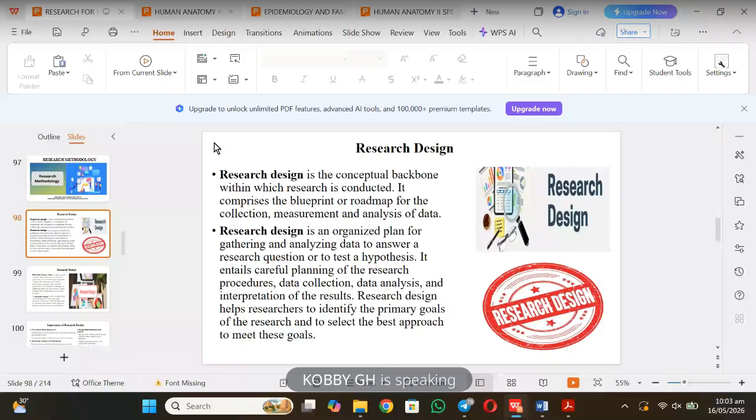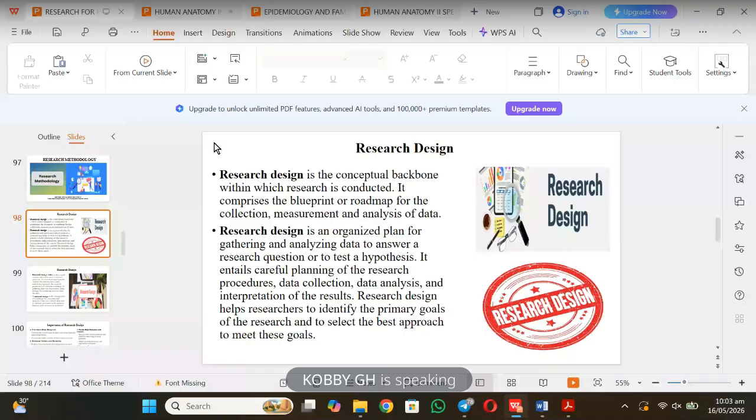Now let's look at the quantitative approach first. I'm going to show you all the characteristic features of the quantitative approach. So write quantitative approach, underline, then features of quantitative approach.